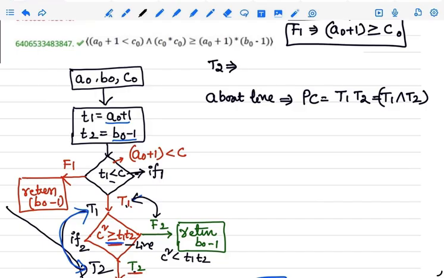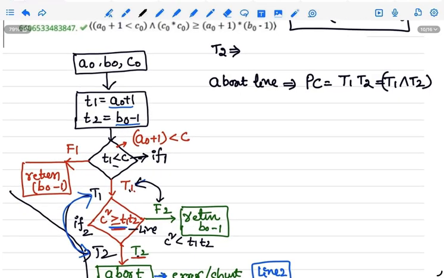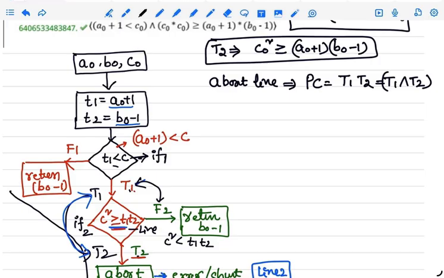T2 condition is this, the red rectangular diamond box: C0 square greater than or equal to T1 T2. T1 is A0 plus 1 times B0 minus 1. This is the T2 condition.